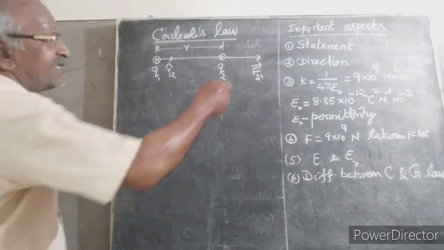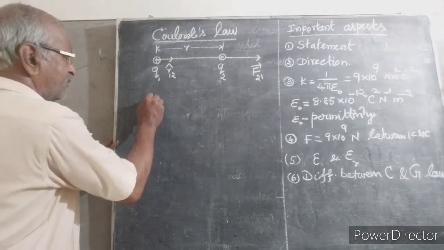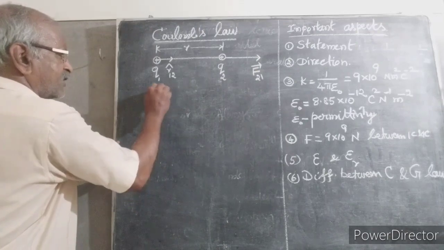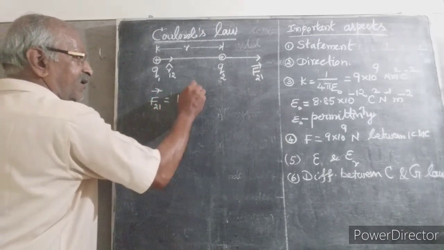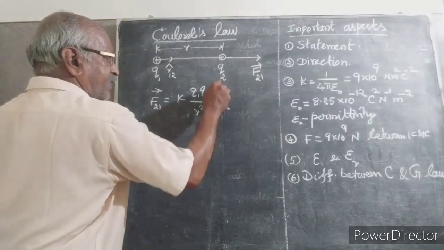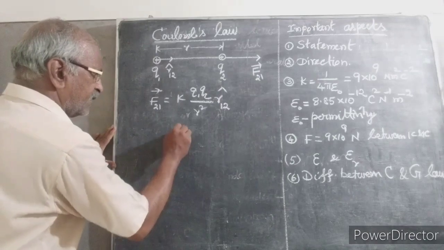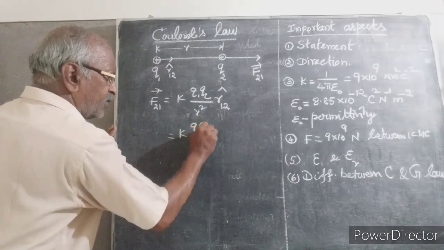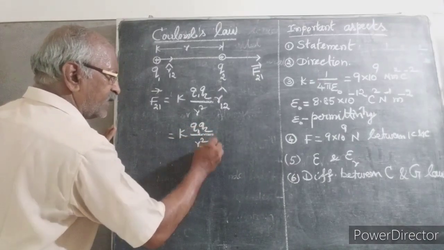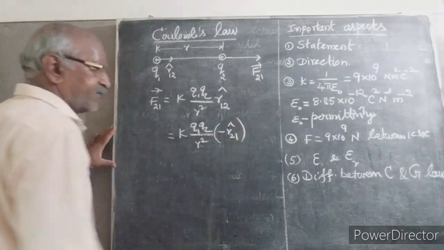Seventh one, we have already seen that in this case the two forces are opposite in direction. So the force F21 on the second charge by the first charge is given by K into Q1 Q2 by R square into minus R21 cap.